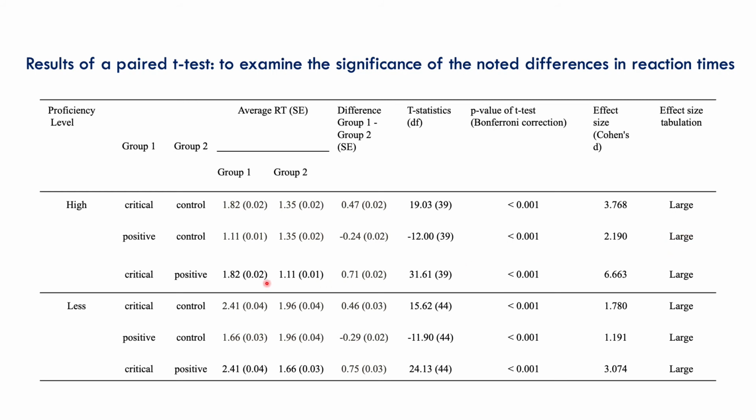Finally, the average reaction time for the critical condition was significantly larger in comparison with the positive condition for the highly proficient and the less proficient bilinguals, and again the size of the effect was large. Cohen's d was more than 0.8 for all comparisons, indicating a large effect size.